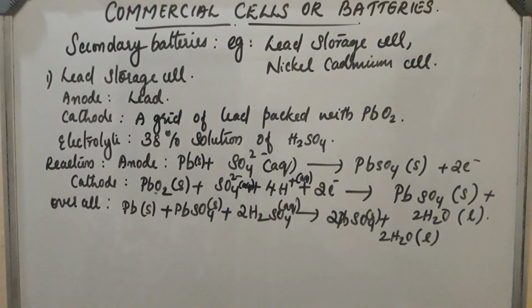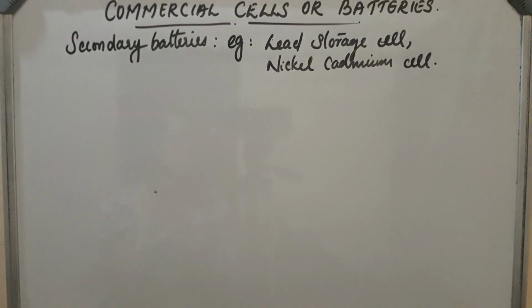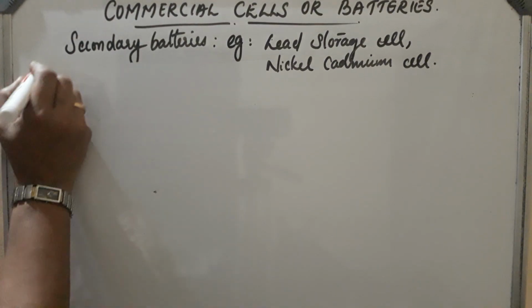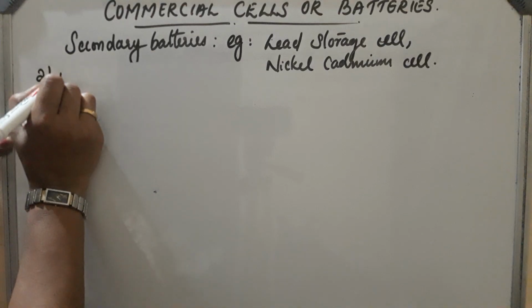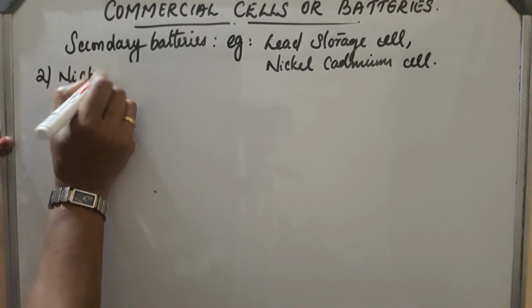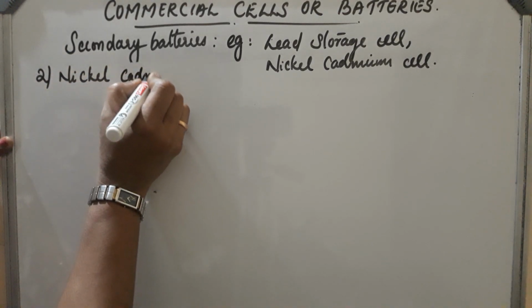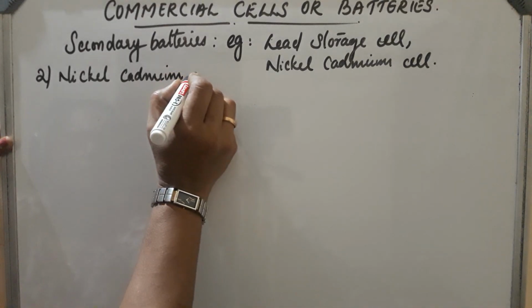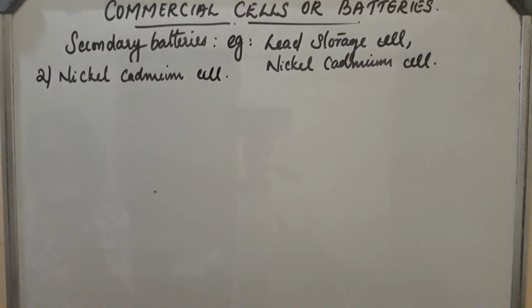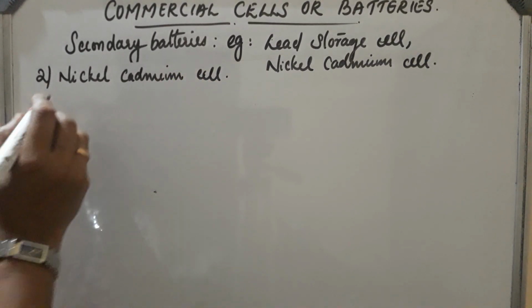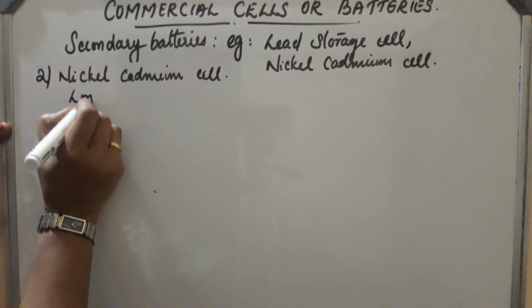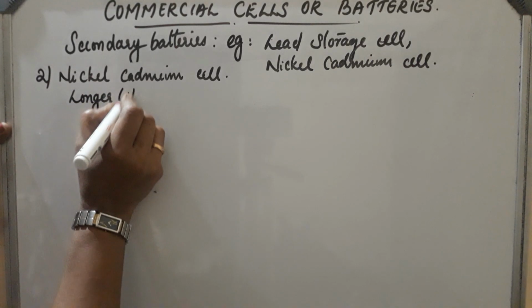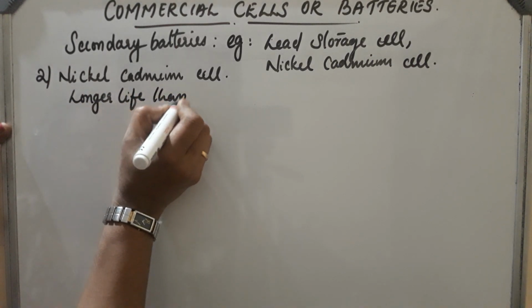Now, the second one is the nickel cadmium cell. The second type of secondary battery is the nickel cadmium cell. It has a longer life than the lead storage cell.